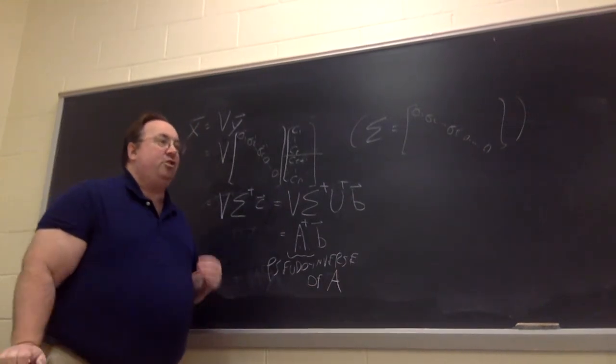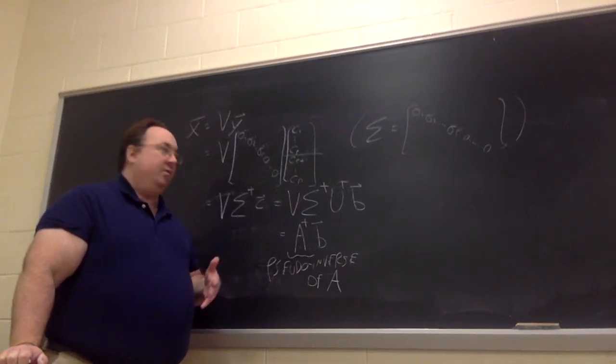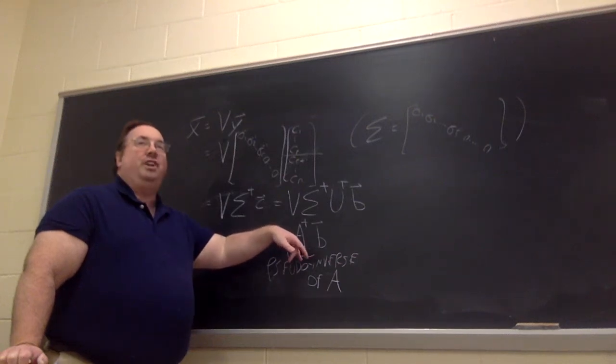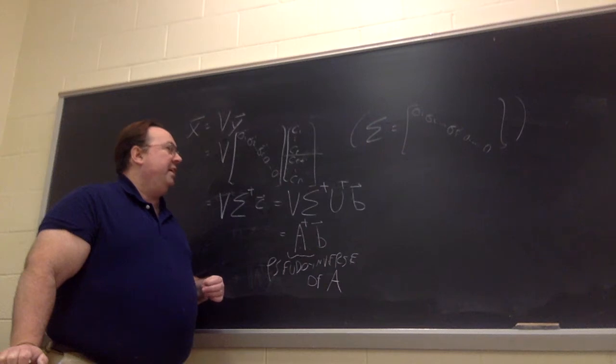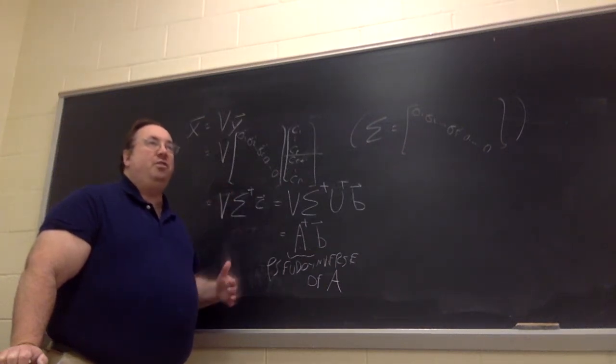Now, in the case where A is a square invertible matrix, the pseudo-inverse coincides with the inverse. But in the case where A does not have an inverse to speak of, this is as close as you're going to get. And so it's obtained by taking the reciprocals of any non-zero singular values.